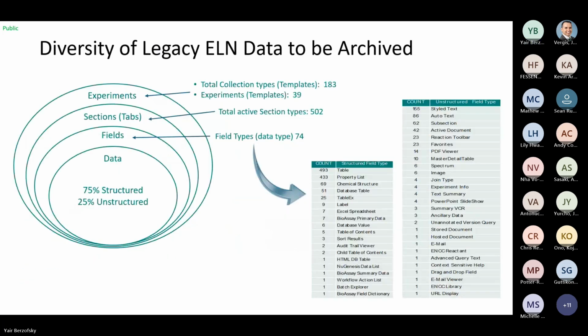So, ELN data is organized in a hierarchy, represented on the left-hand side of the slide through experiment templates. Each experiment may be composed of sections. The kind fields are the fields which are used in data. The majority of these fields include structured data, but a percent are unstructured.